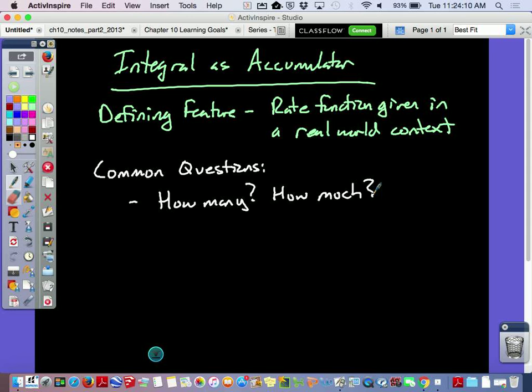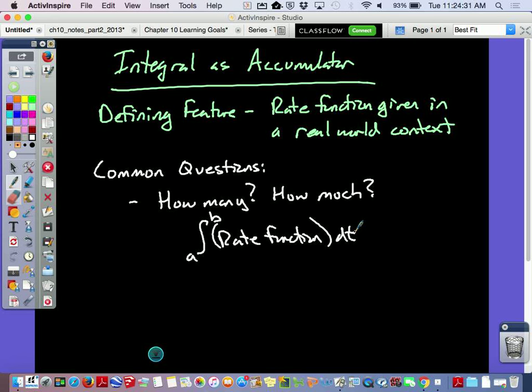To figure out how many or how much, what they're really asking us to do is to integrate between two time values over our rate function. So the rate function is our integrand, and that's done with respect to time.